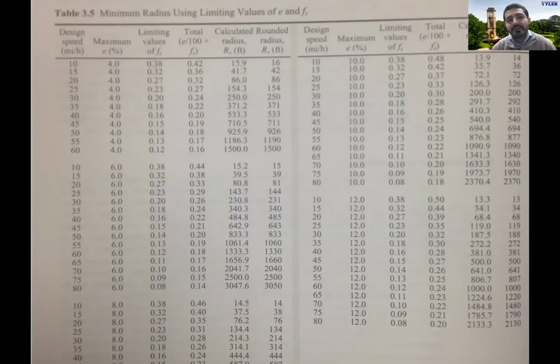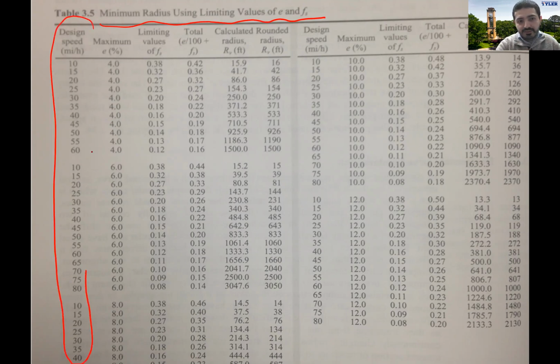This is an example of what I'm talking about. Table 3.5 tells you the minimum radius using limiting values of E and Fs. First, the first column gives you the design speed, from 10 miles per hour all the way to 60 miles per hour.